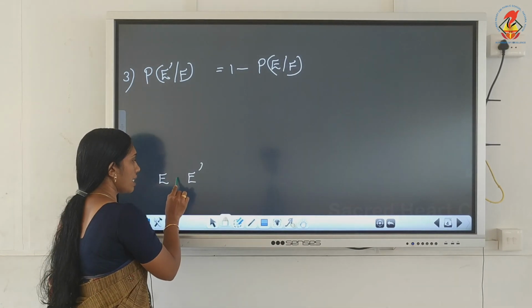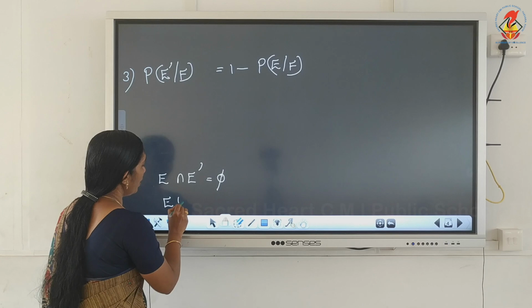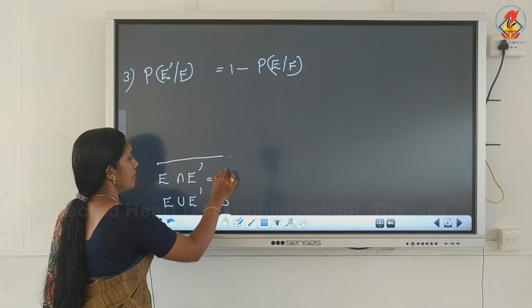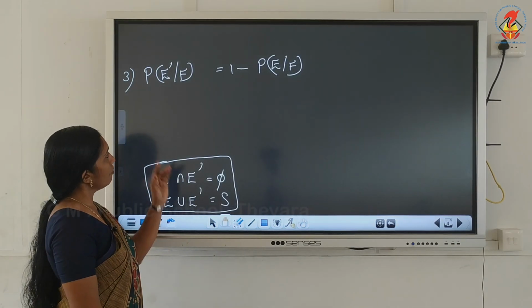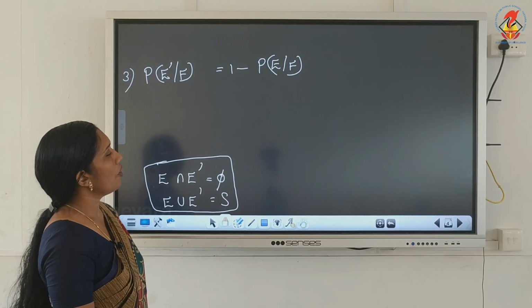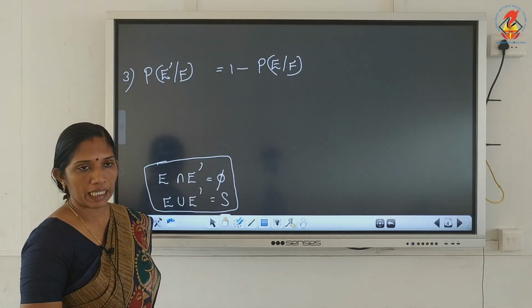So, their intersection is equal to the null set. Then E union its complement is equal to the sample space. These are results related to complementary events. So here, if E and F are two events associated to a sample space, then P of E complement given F is equal to 1 minus P of E given F.